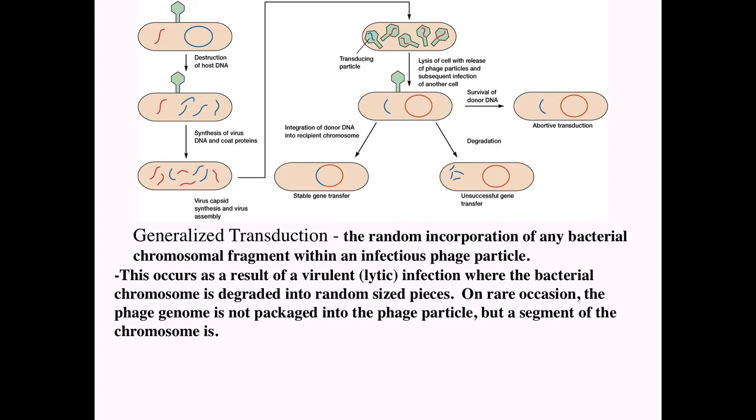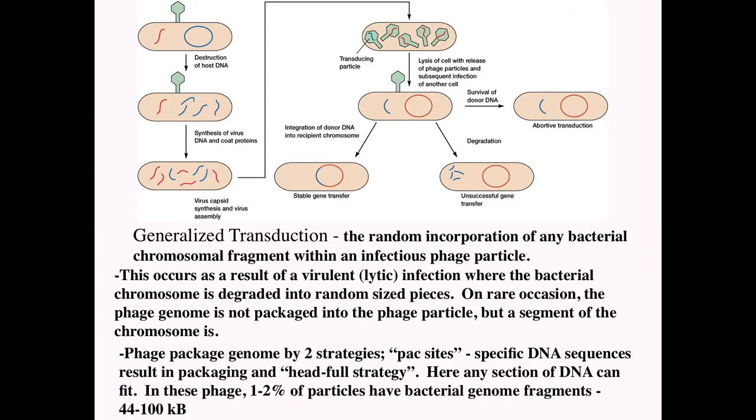So this is always the result of the lytic form of the infection. The bacteriophage has to be able to lyse the bacteria in order to randomly, occasionally take up a foreign piece of DNA. Now, in terms of the bacteriophage that can and cannot do this, it points out a nice dichotomy in terms of how bacterial viruses package their DNA.